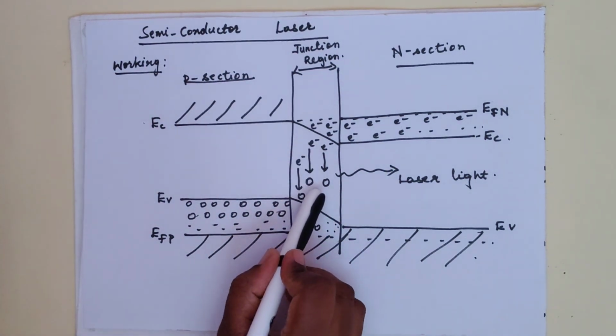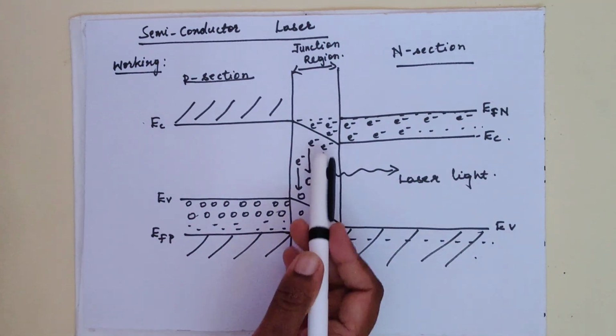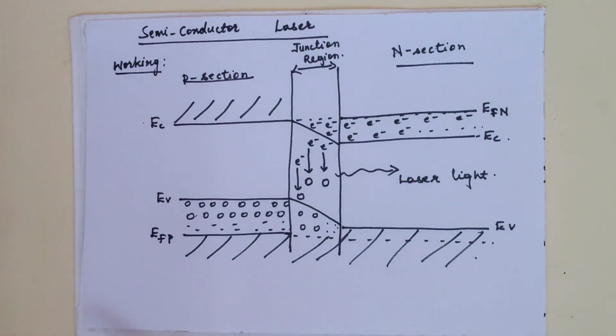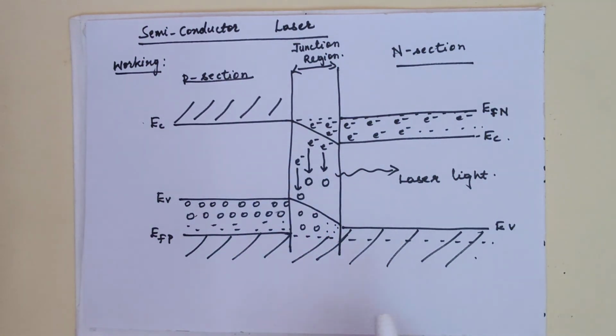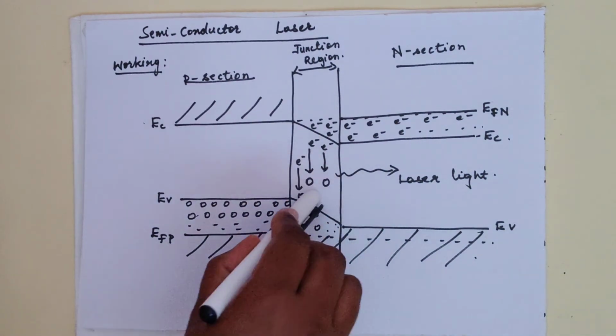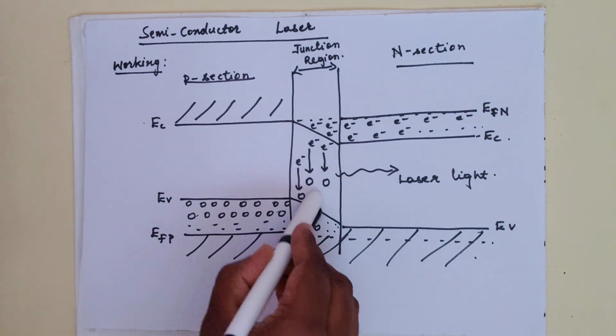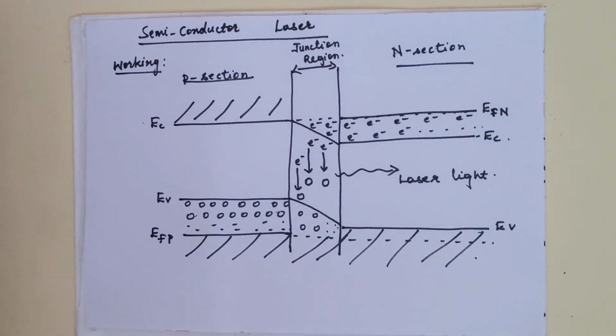Initially the recombination results in the emission of photons through spontaneous emission, which is not very powerful. Then as the voltage is increased, more and more electrons recombine with the holes, because of which laser light is emitted by stimulated emission. So this is about the construction and working of a semiconductor laser. Thank you.